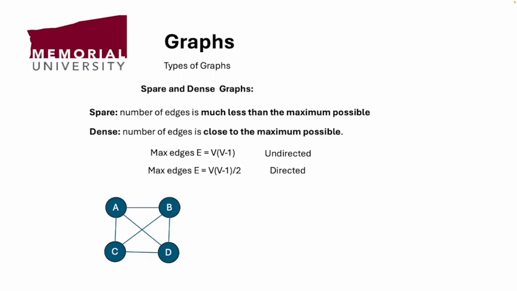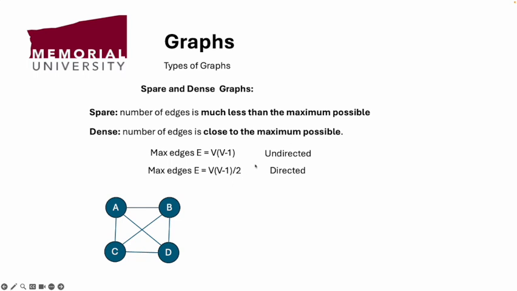Okay, here. For undirected, we count 1, 2, 3 for each. For A it is 1, 2, 3, so count 3 times. For B, count again, 1, 2, 3, 3 times. So it should be V times V minus 1. Make sense? Because they count twice in the maximum number of edges.